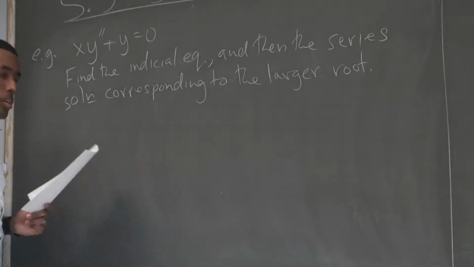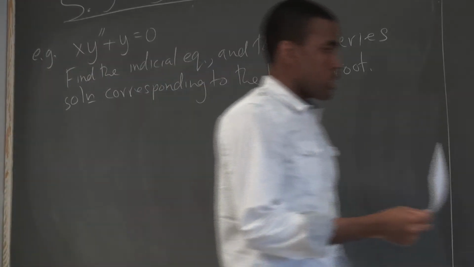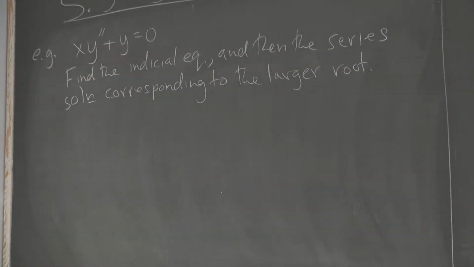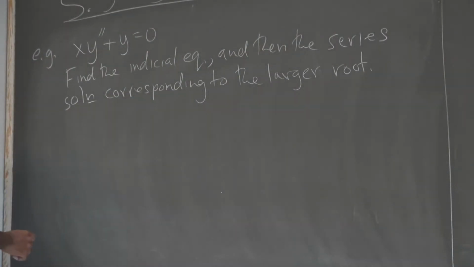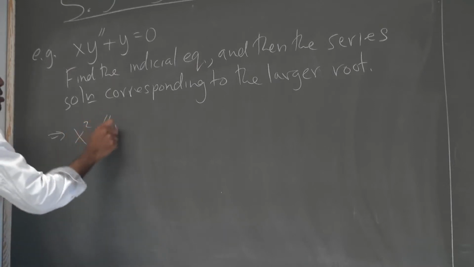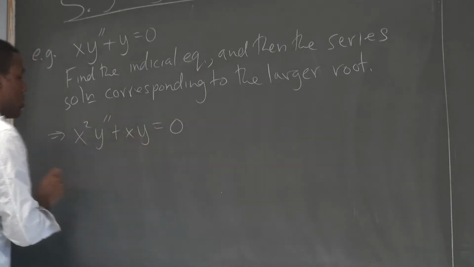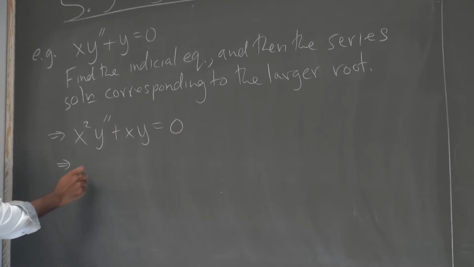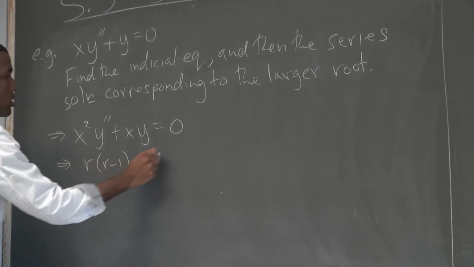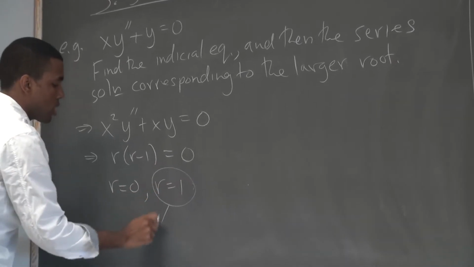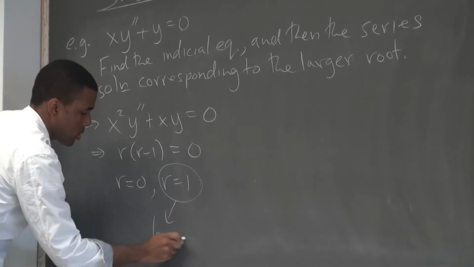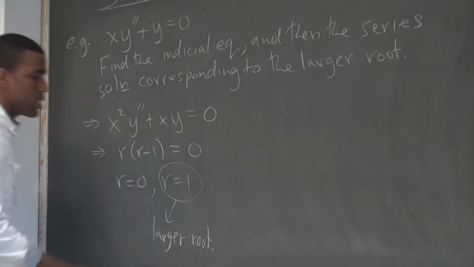We're going to see what this means later, finding the solution corresponding to the larger root. So let's see, how do you begin? What's the indicial equation? Multiply by x. This means the indicial equation is r times r minus 1 equals 0. This means r equals 0, r equals 1. This is the larger root. So we're going to find a series solution that goes with this root.